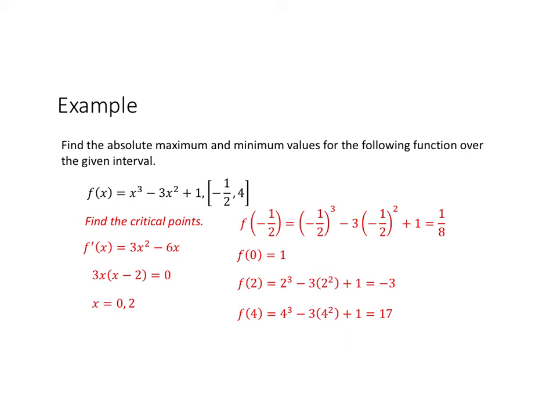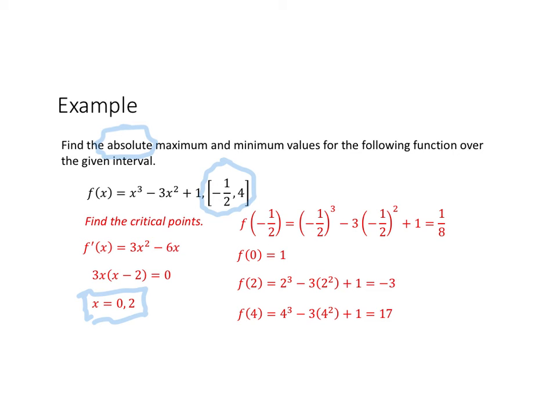Now, I was asked to find the absolute maximum and minimum. I've got the two critical points here, but I also have the endpoints of my interval. So I have 4 points that I have to look at. From that, I should be able to determine the absolute maximum and minimum values.